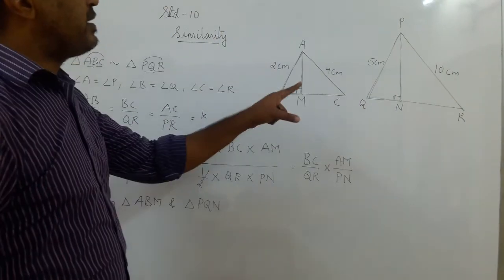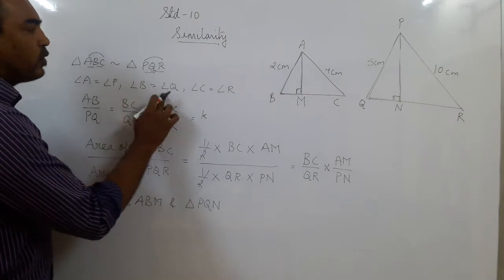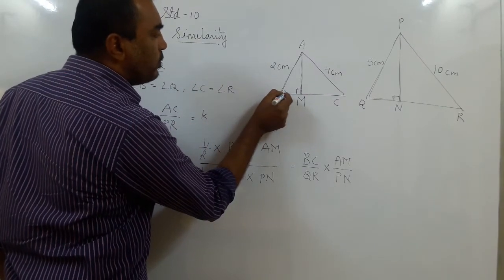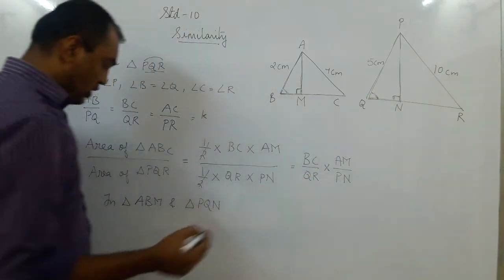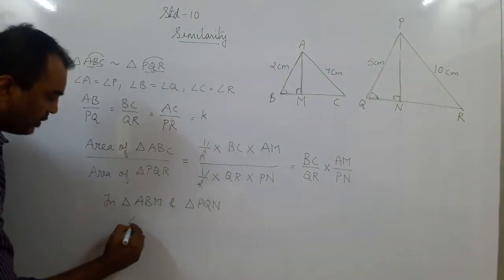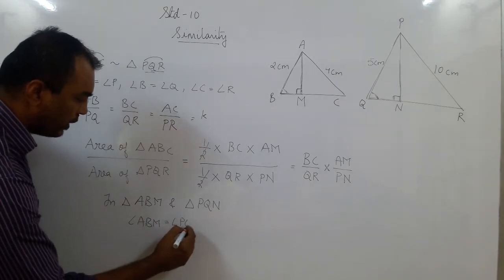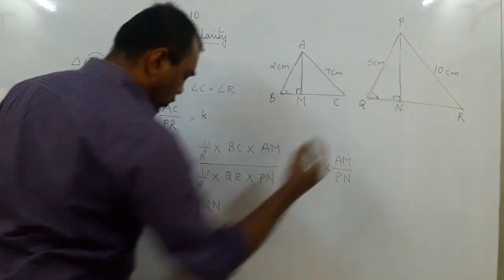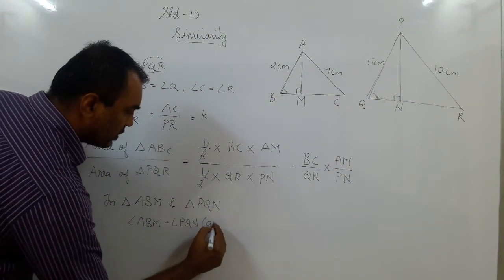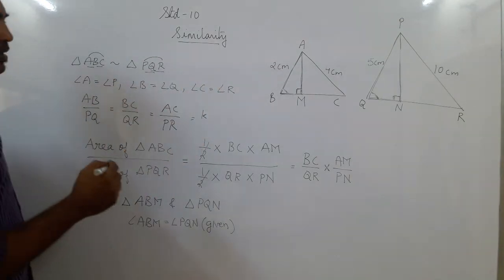Now, if you had noticed, the triangles were similar, so angle B and angle Q were equal. So angle B equal to angle Q, right? So right here, angle ABM equal to angle PQN. This is given to us. It was given. The triangles were similar, so it is given.